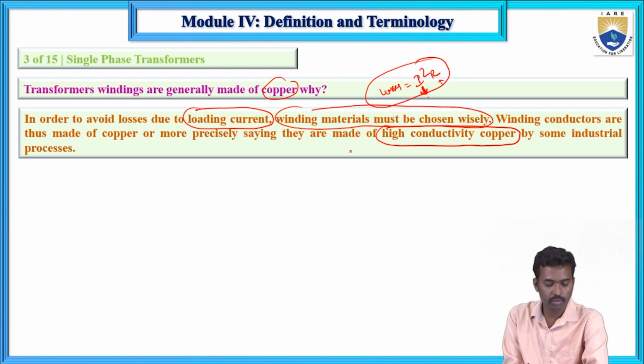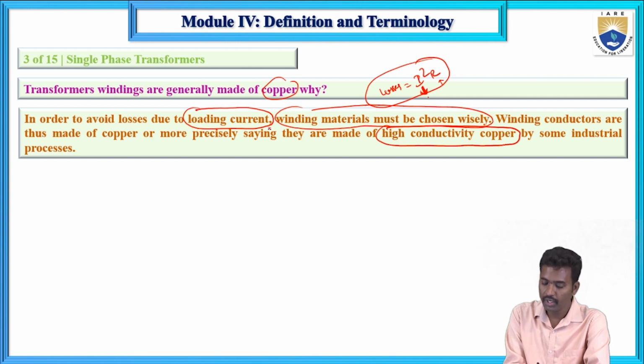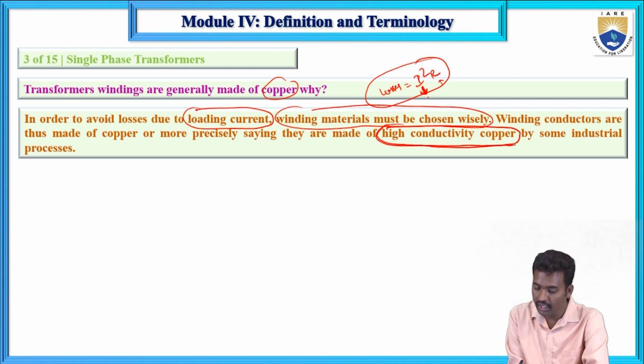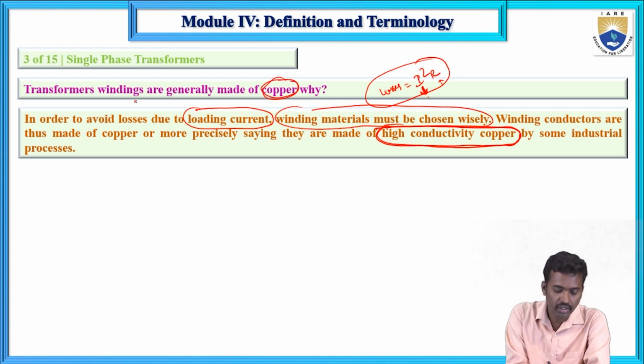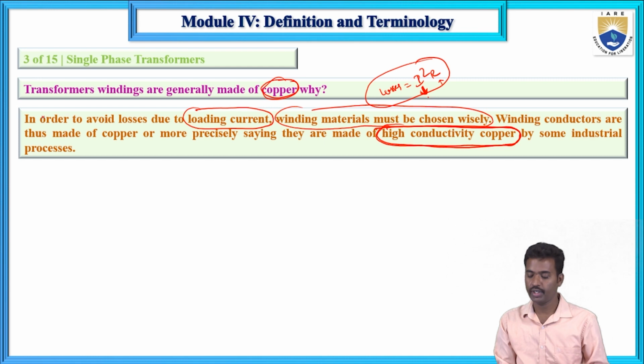Copper has the property of high conductivity, so windings are made up of copper. Because of this high conductivity of copper, we are using copper as transformer windings.